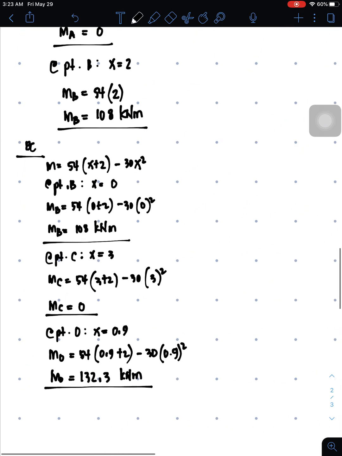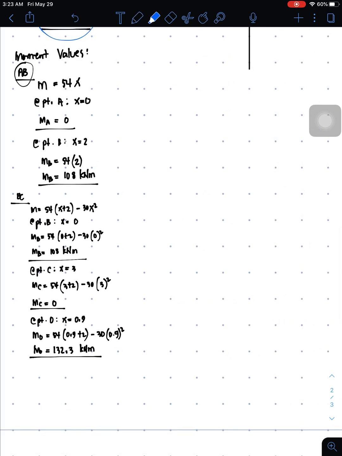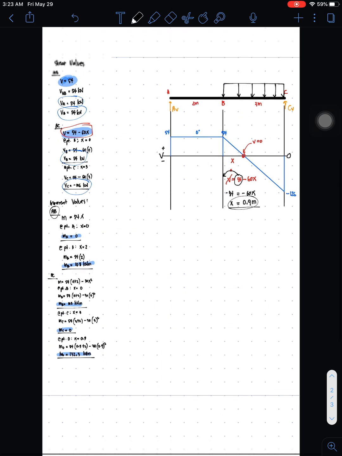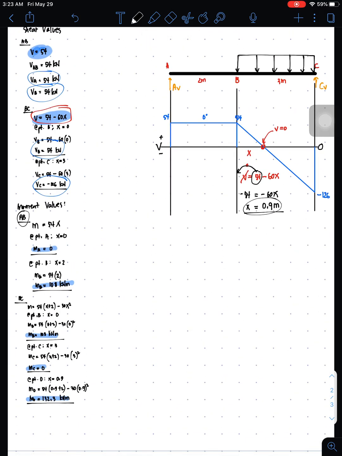So as you can see, among the values sa imong moment, MA is 0, MB is 108, and MC is 0, then MO is the greatest value among the moment values. So that's really important to get that value. Okay, so what we're gonna do is continue this one here, plotting. So ato lang ni siyang i-continue.